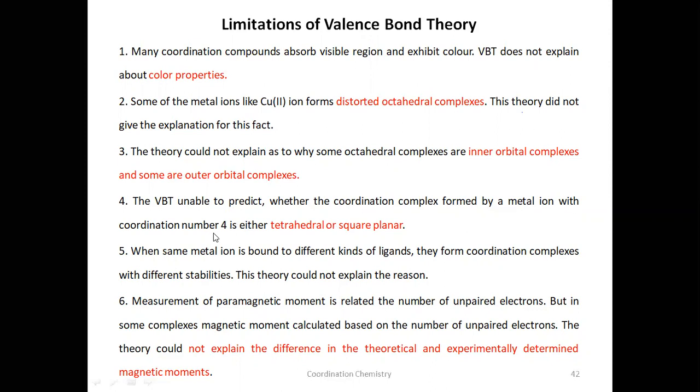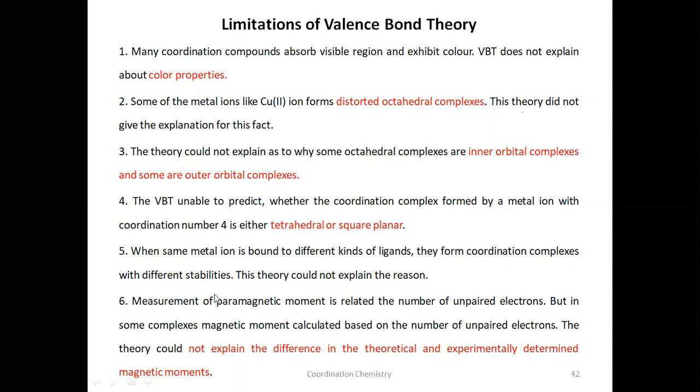Also, with coordination number 4, this theory could not explain properly whether the structure is tetrahedral or square planar. I have already discussed this: even though according to this theory the hybridization should be sp3, the experimental studies showed square planar geometry, or vice versa. We have already discussed this with a few examples, in the fourth video of this coordination chemistry lecture series.